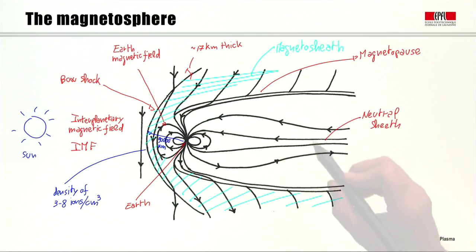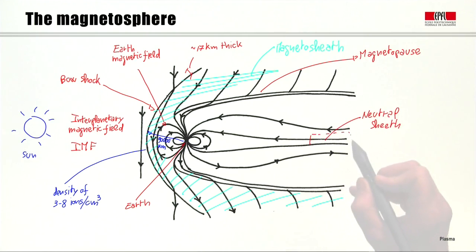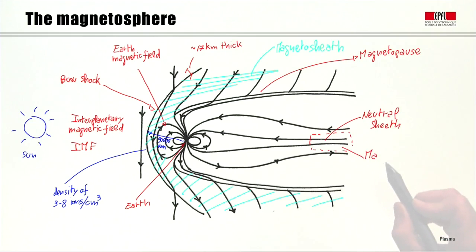As we have seen in previous modules, where oppositely directed magnetic field lines come together, magnetic reconnection can take place if the magnetic field lines are pushed together strongly enough.